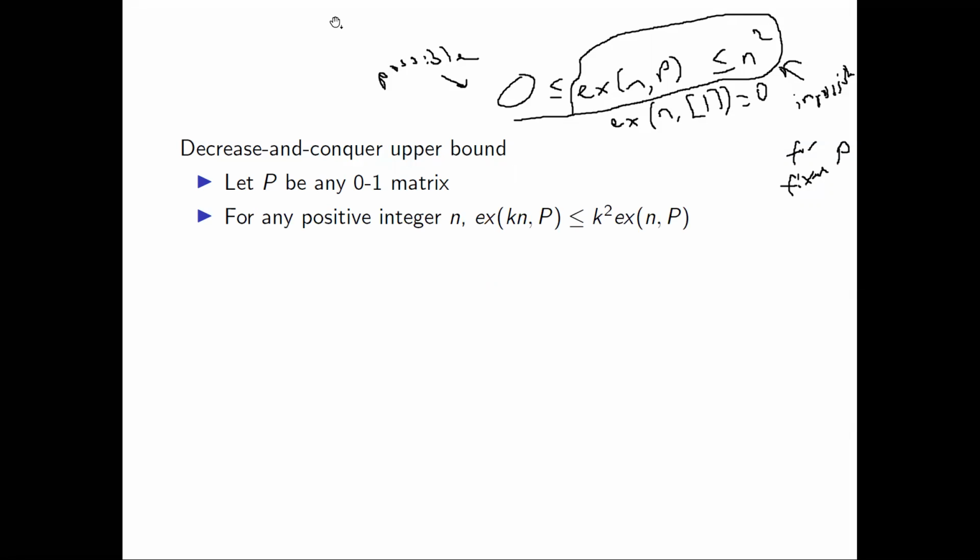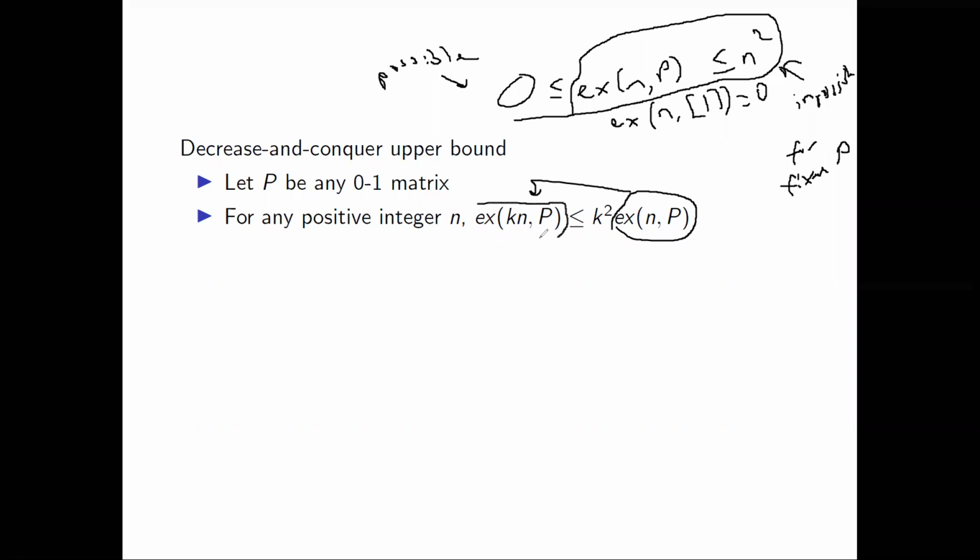And here's the claim: the extremal function of Kn comma P is less than or equal to K squared times the extremal function of N comma P. So if you have an upper bound on this one, then it gives you an upper bound on this larger extremal function. Larger in the side length of the matrix avoiding the pattern, not a larger pattern, of course, same pattern. And let's talk about why this is true.